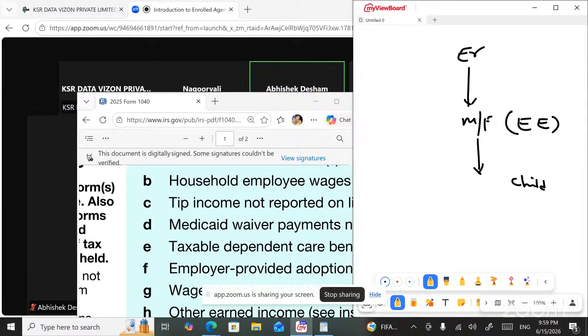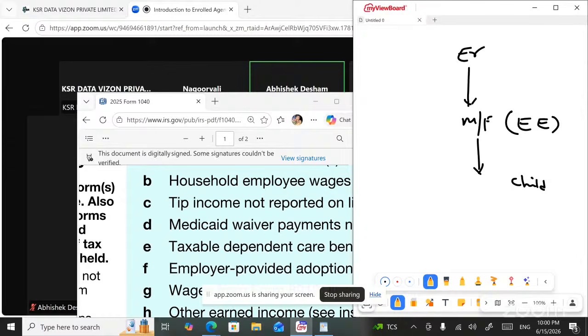Who is an eligible child, the criteria we are going to cover subsequently. The child's age must not be more than 13 years. Like that, some criteria will be covered subsequently. At this point, my intention is to introduce all the technical words. Once this technical terminology is clear, in every subsequent chapter, students will feel comfortable and it will be easy to memorize.